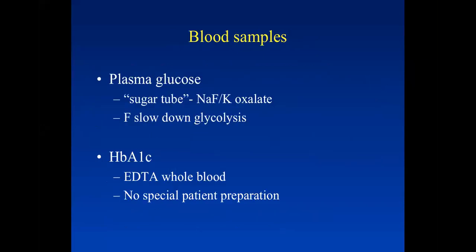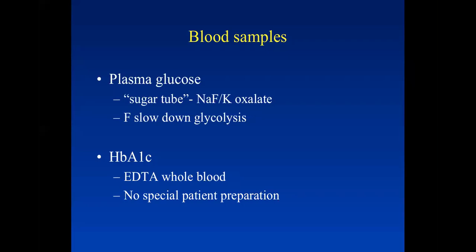The blood samples we use for glucose testing, whether fasting or postprandial, go in what we call the sugar tube, which has sodium fluoride and potassium oxalate. I've told you the sodium fluoride in the tube is to stop glycolysis, because glycolysis can happen inside the tube in the cells.